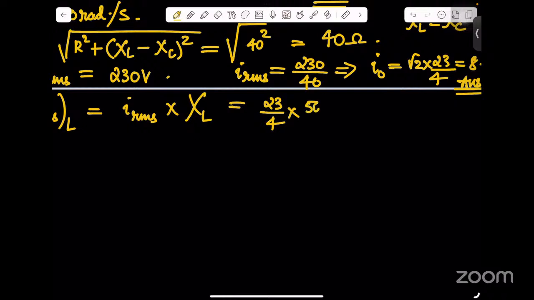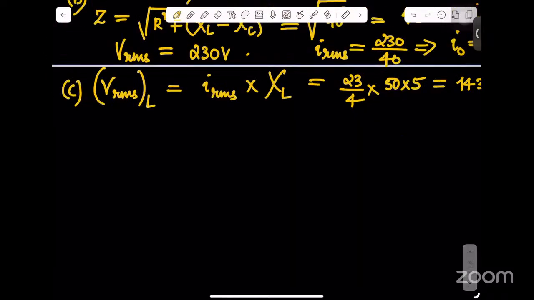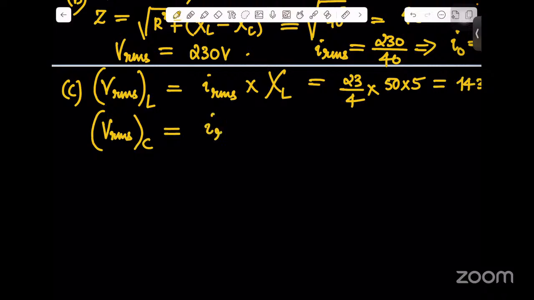So 50 into 5, which is 1437.5 volts. Now the potential drop RMS across the capacitance would be I_RMS times X_C.